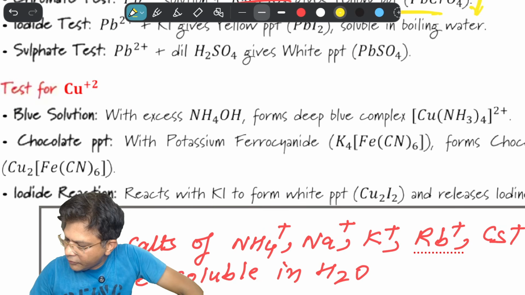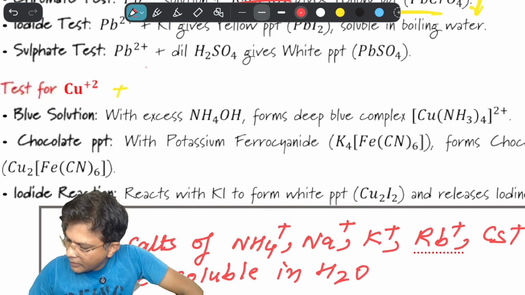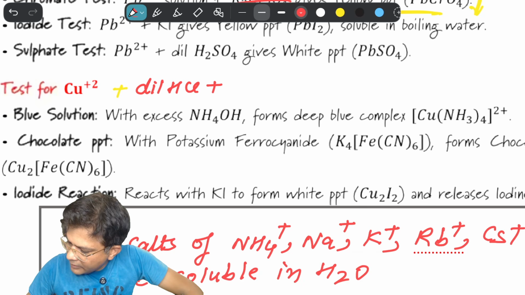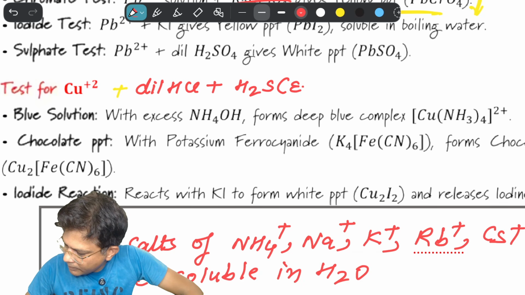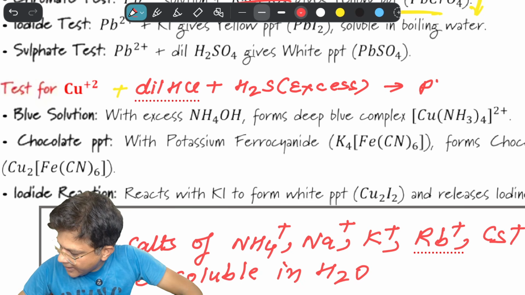So the test of copper is that you add first of all dilute HCl, then pass H2S in excess amount, then you will get a black color PPT.